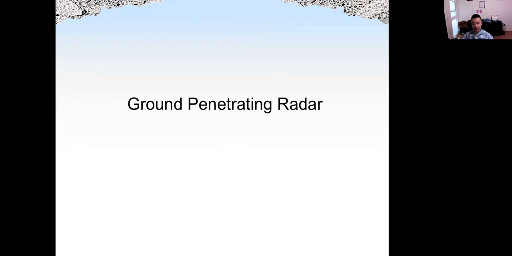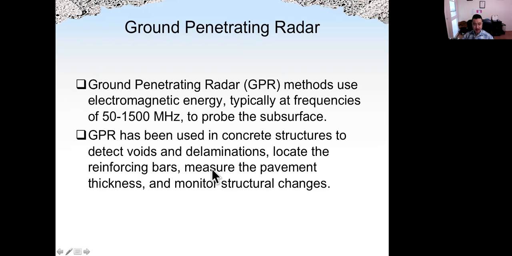The next method, ground penetrating radar, is also based on electromagnetic waves, as in the case of the calorimeter. Ground penetrating radar uses high frequency EM waves.